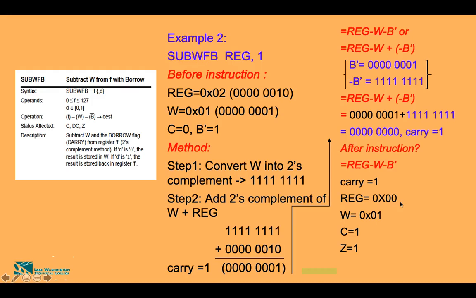And then your W is going to have the same register value which it was here. So the same value is going to be here, and then carry is equal to 1, and then your Z is equal to 1. It's going to be set because your operation result is 0. So for this particular case, the result is 0, and that's why your Z status bit is going to be equal to 1.